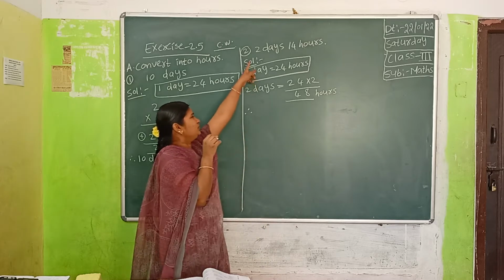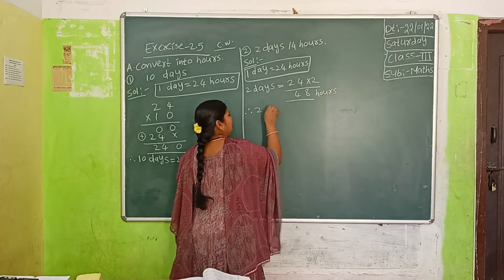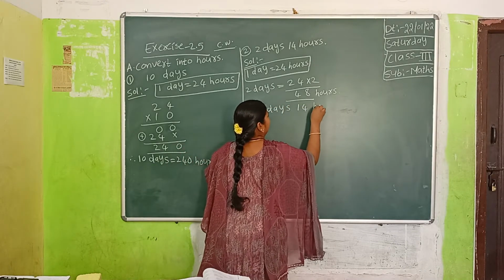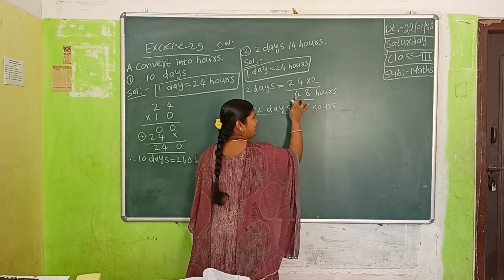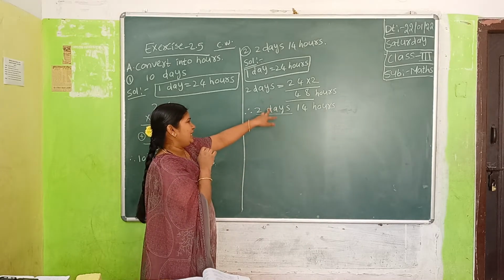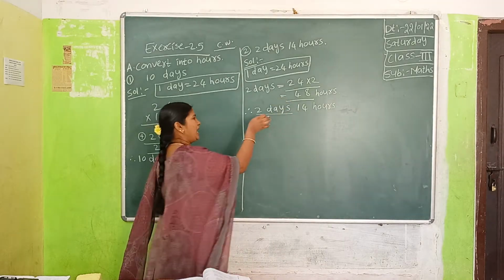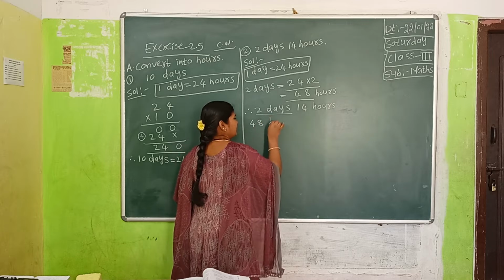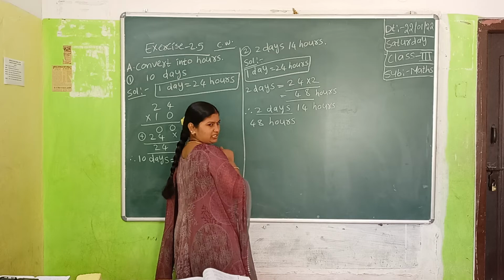Therefore, in the given question they have given an extra 14 hours. You have to write down 2 days and 14 hours. Listen here, in place of 2 days I am writing hours. Why? Because 2 days equal to 48 hours. For converting the days into hours I am taking hours.